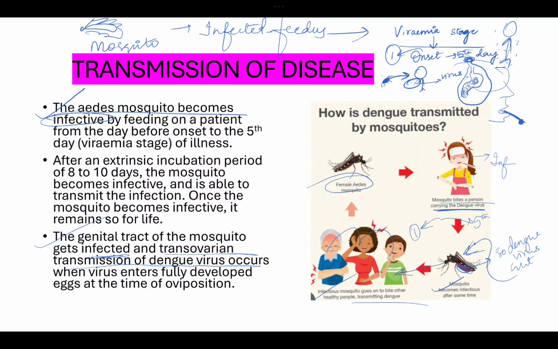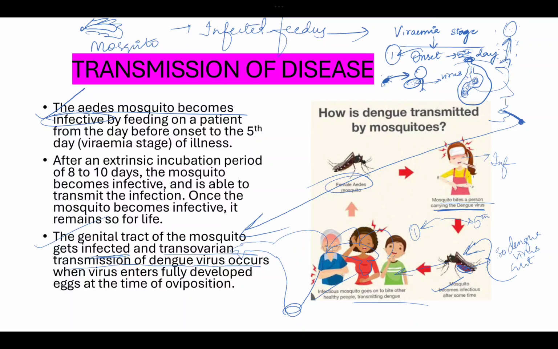Can you believe that the virus not only enters the mosquito's salivary glands, but it will remain infective throughout its life? How? The virus will not just stay in the salivary glands, it will spread to other organs, that is the ovaries and the genital tract.